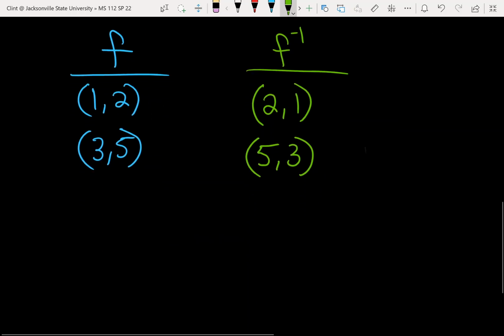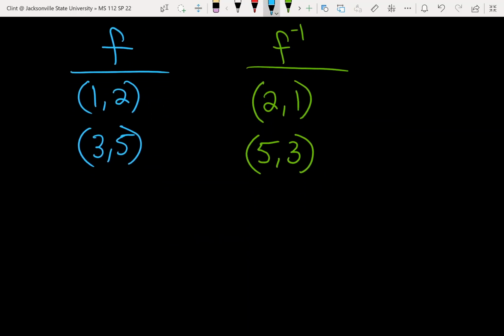Another way you could write this same thing down, and you'll see this in WebAssign a little bit, is instead of saying the point 1 comma 2 is on the graph of f, we could say f of 1 is 2. Or instead of saying the point 3 comma 5 is on the graph, we could say f of 3 equals 5.